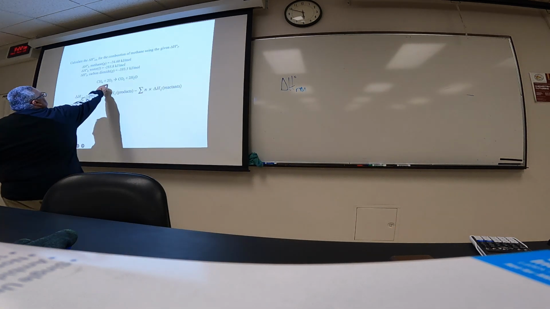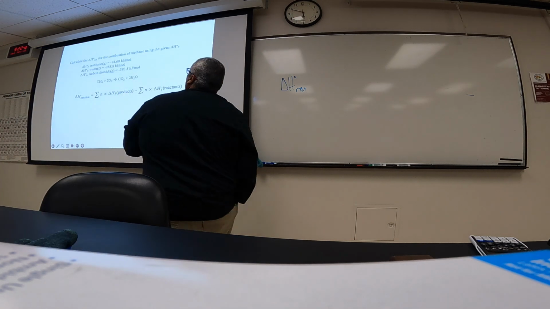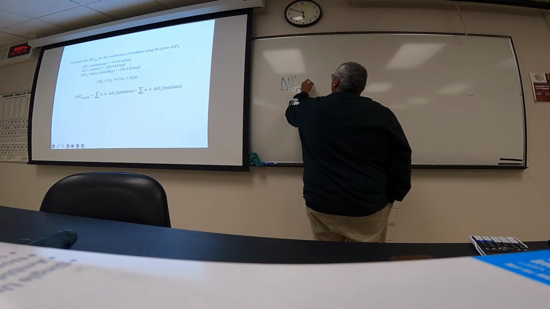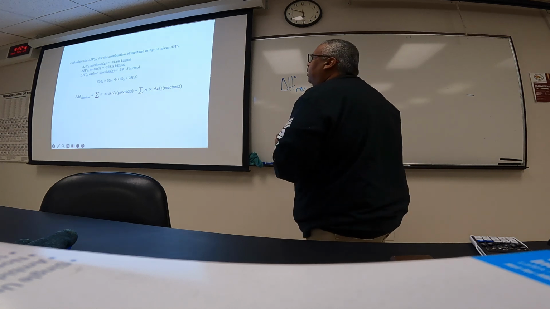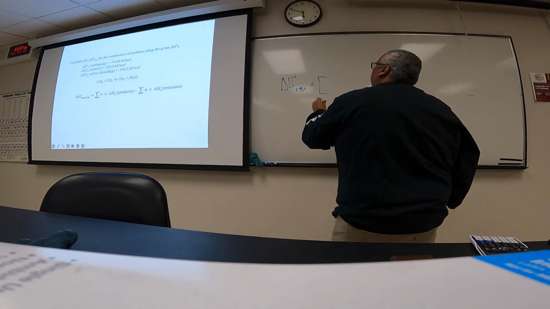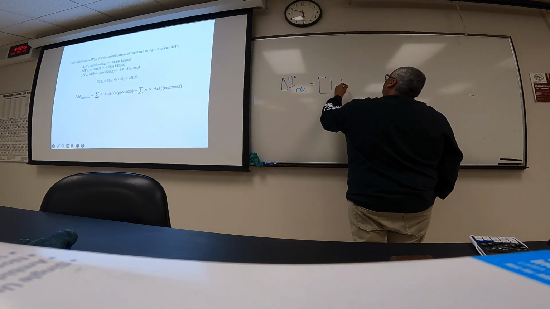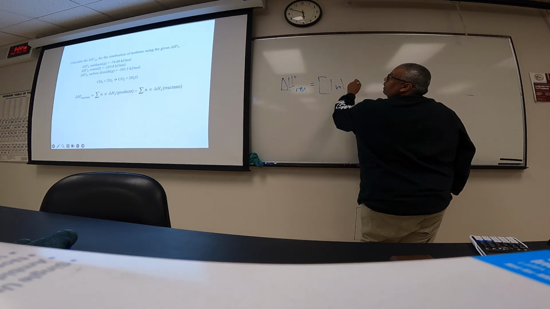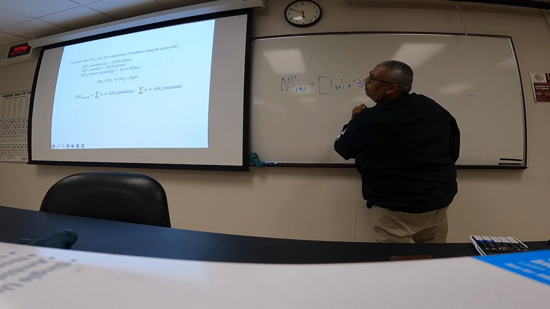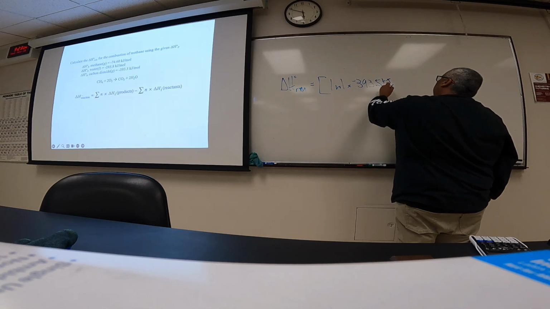Here we do have some coefficients to worry about, but we're going to do our products first. Our products are going to be CO2. Do they give us carbon dioxide, negative 393.5? So how many moles of that? There's 1 mole times negative 393.5 kilojoules per mole.